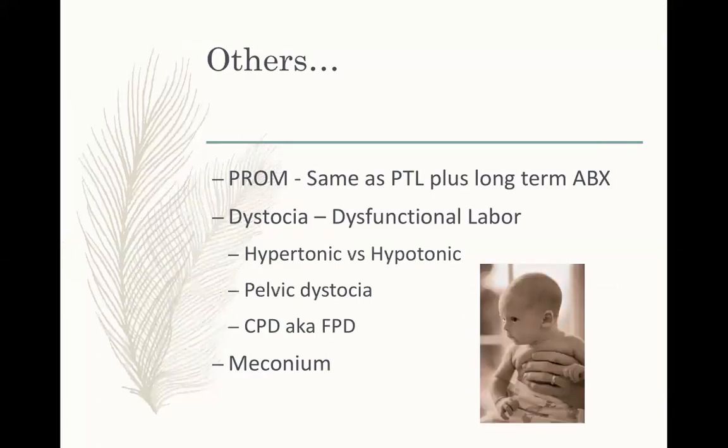So other than preterm labor, some other problems that we come across would be PPROM. And I see that there's an error there. It just says PROM. So PROM is premature rupture of membranes. What PROM means is that the water broke before contractions, before labor set in, which typically doesn't happen.